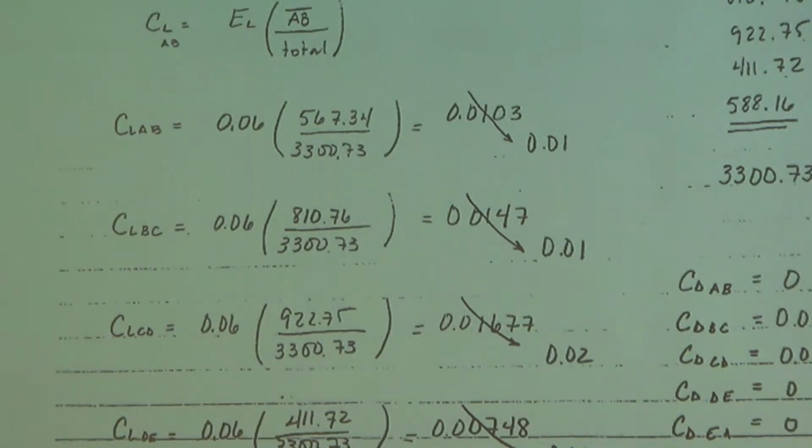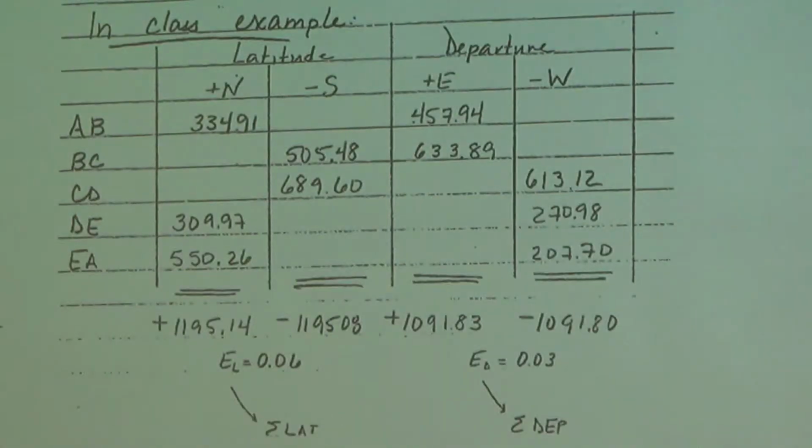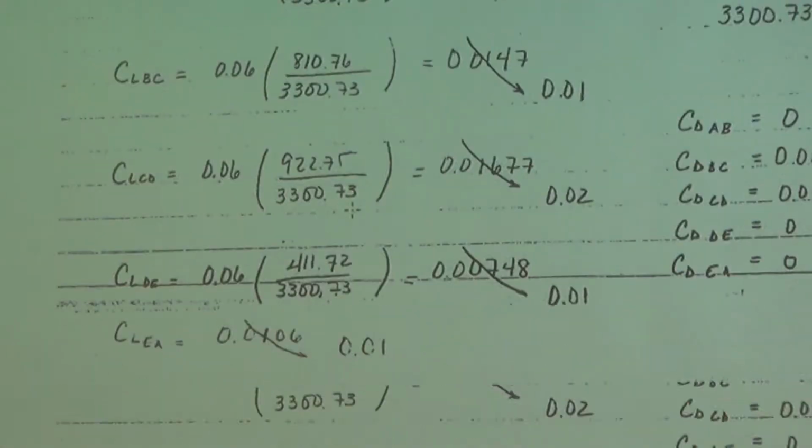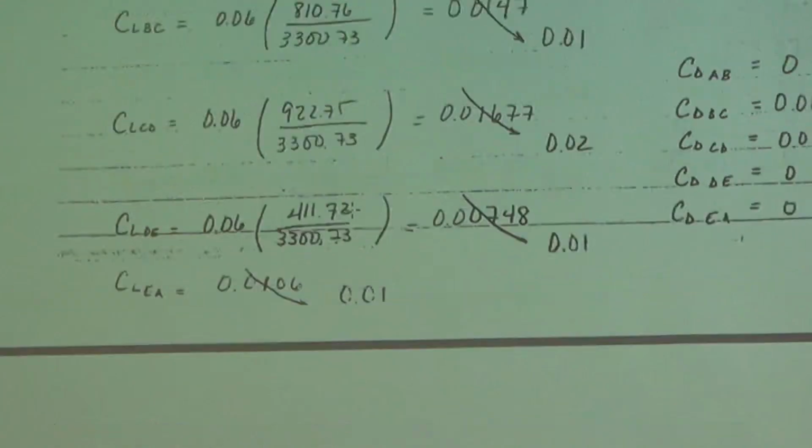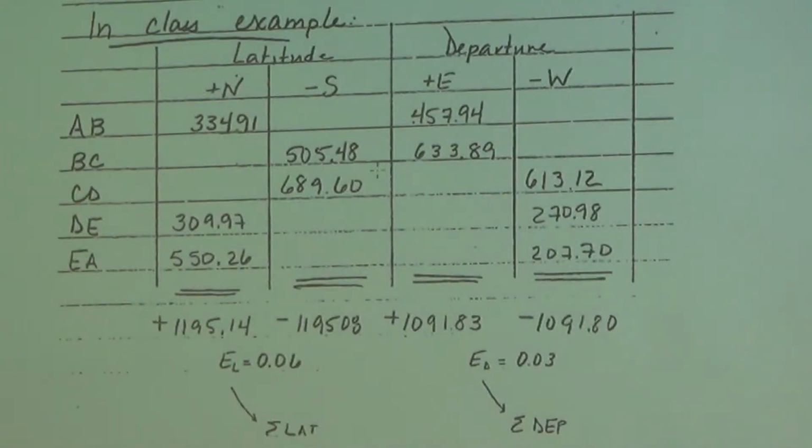Now look at the top of the sheet and the next sheet. Kind of keep flipping back and forth. So let's look at the correction. For the latitude and northing for AB is 334.91, right?